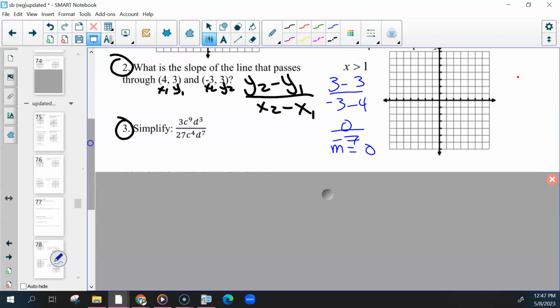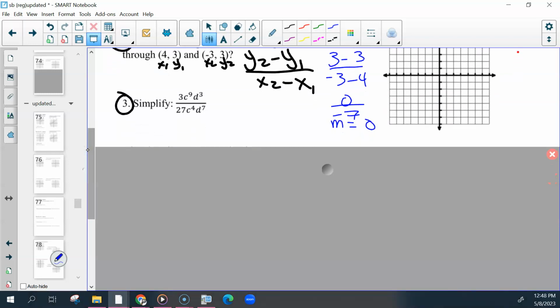Number 3 is not something we have done in this class, but you have done or should have done in algebra. Exponent rule, so you are dividing like bases, which means you are subtracting the exponents and actually dividing these numbers. So, wouldn't it be 1, 9? Oh, yes. Subtract 9 and 4, subtract 3 and 7. But you can't have negative exponents in your final answer, so we have to change this.